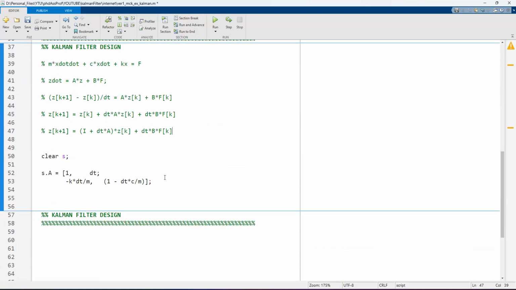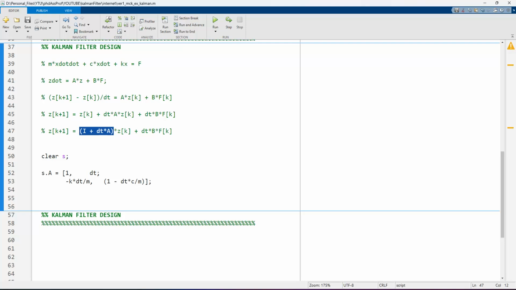So z k plus 1 is equal to I plus dt times A, times zk, plus dt times B times fk. This is coming from this form of the equations. So this A matrix is I plus dt times A. It contains the dt values, minus k over m, minus c over m, but also contains the identity values.